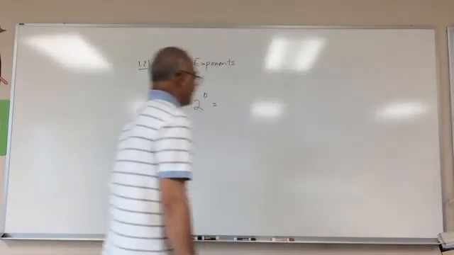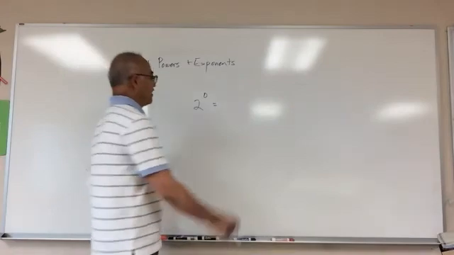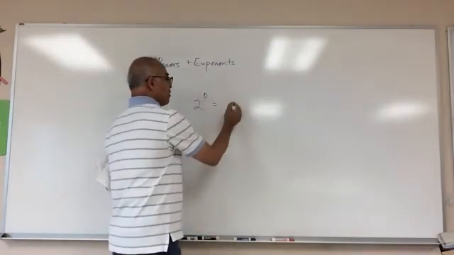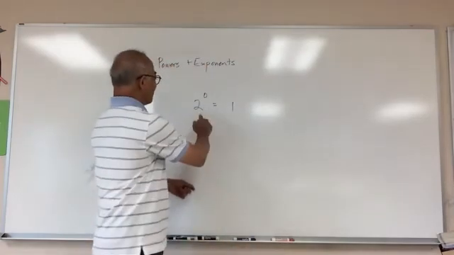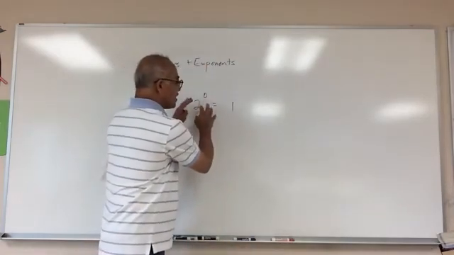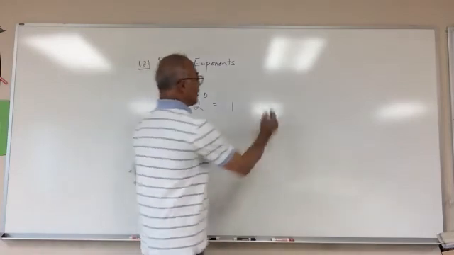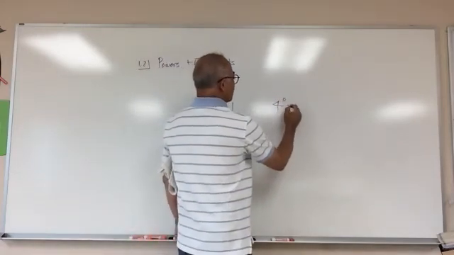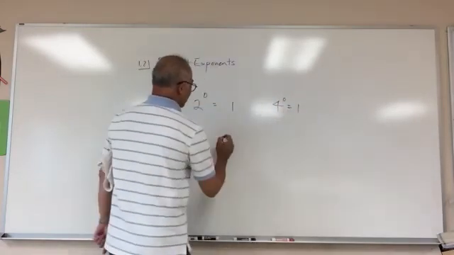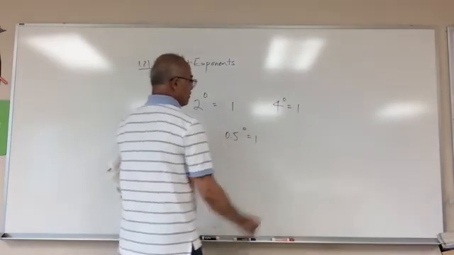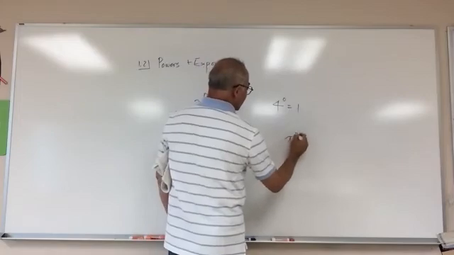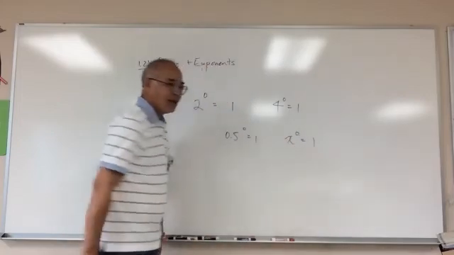Does anybody know? Nobody? No takers? Anything to the 0 power is... 1. Is it 0? Oh, close. Nice try. Anything to the 0 power is 1. So 4 to the 0 is also 1. 0.5 to the 0 power is 1. For that matter, x to the 0 power is 1.